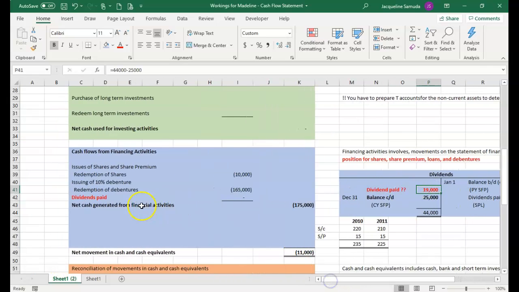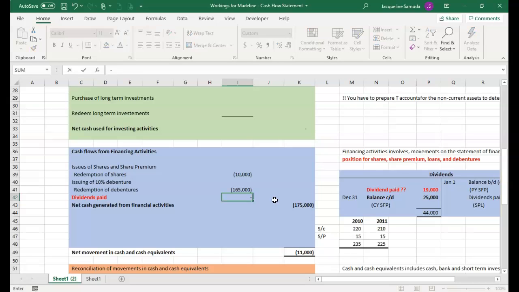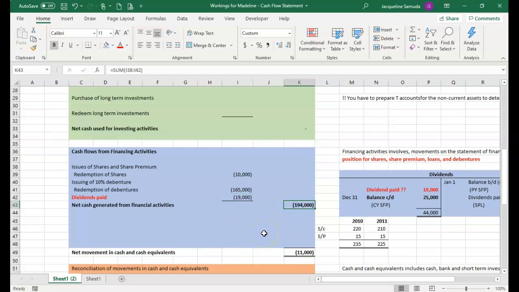And that is the figure we want, the dividends paid, to complete the financing activity section. So let's put in our 19,000. And because remember it's a payout, it has to be in brackets. So they spent a good amount of money in financing activities in 2011, from buying back shares, from paying off the loan, and from paying out dividends, which gave you a total of 194,000.